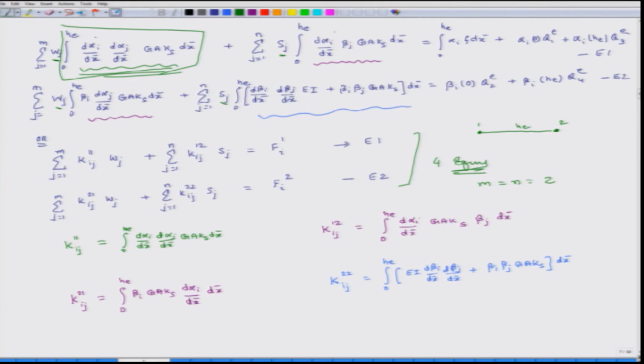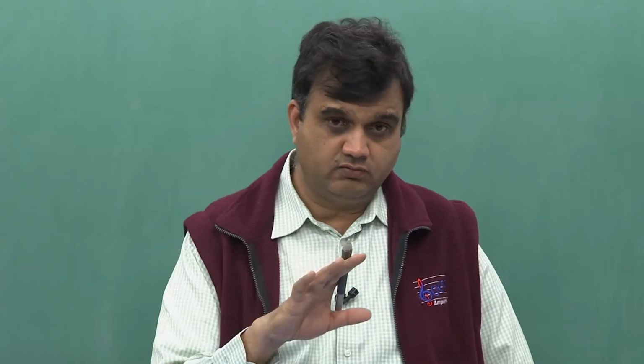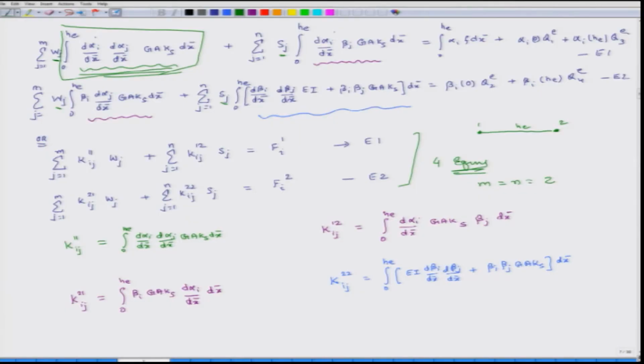Now, to avoid the shear locking problem, we will go on each of these terms and figure out which term has to be done using the reduced integration method and which terms we integrate without reduced integration. When we look at this term in green, which is represented by K11, we do not do reduced integration on that.